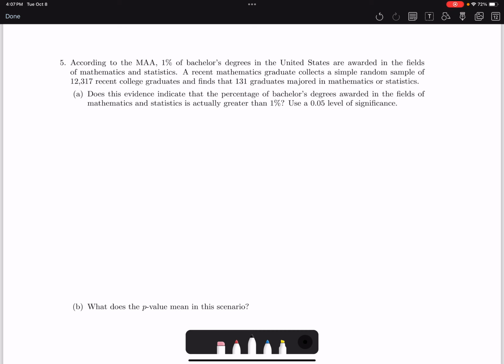Okay, well, let's see. The null hypothesis is that the proportion is the same as was claimed by the MAA, right? That P equals 1%. The alternative is that P is greater than 1%.